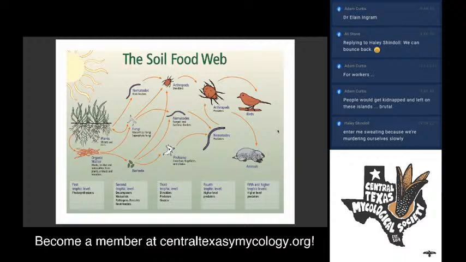Which brings us to arthropods, which are very, very important aspects of the soil food web. And they're kind of the engines that keep everything going.